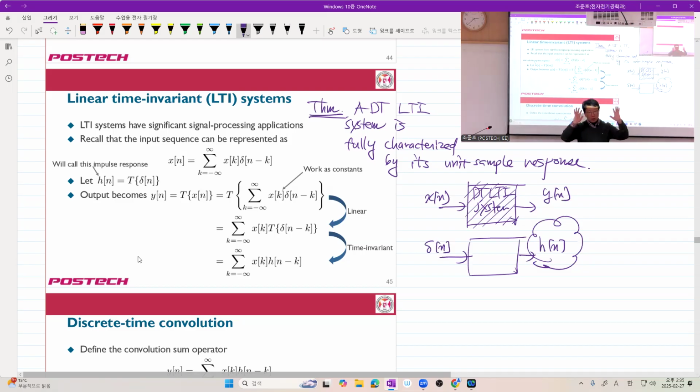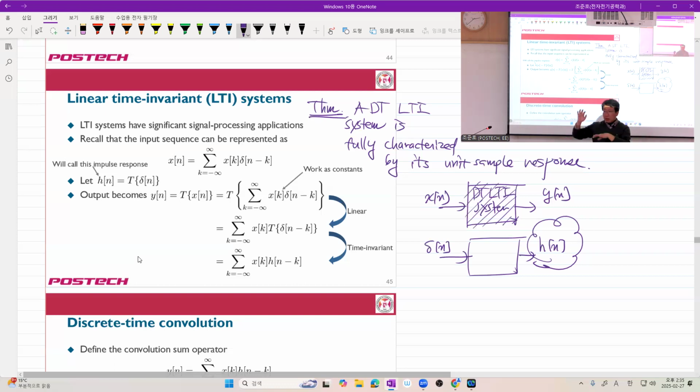So we want to make a DT system that does some mapping rule. And we don't know how to implement that by using digital circuits. And actually, there is usually more than one way to implement it. So the implementation method is not unique.